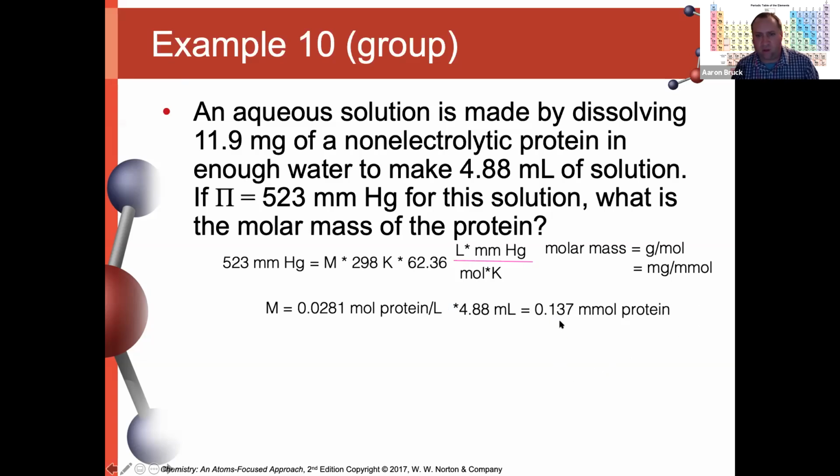And so if I wanted to save myself a little bit of calculation work, where I had to turn this milliliters into liters and then turn this milligrams into grams, I could use this methodology to do that. Molar mass is equal to 11.9 milligrams divided by 0.137 millimoles.